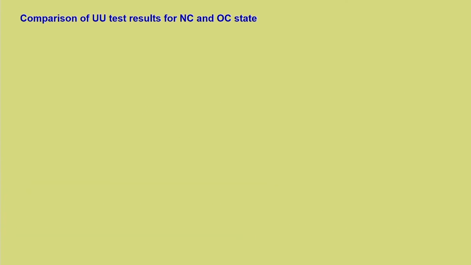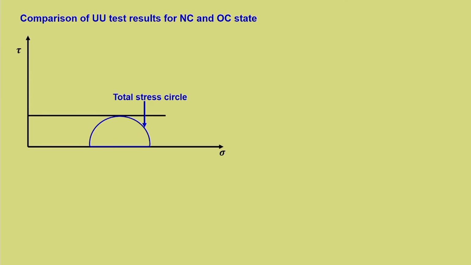Now, comparison of the UU test for NC and OC state. You can see that tau versus sigma is a total stress circle, phi equal to 0. Because of positive pore pressure, you will have the effective stress circle shifted towards the left, and this is a typical case of NC state, that is normally consolidated soil. Normally consolidated soil during shearing will have positive pore pressure.